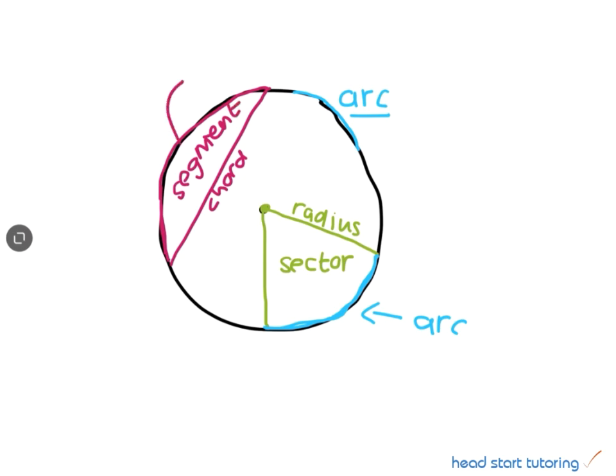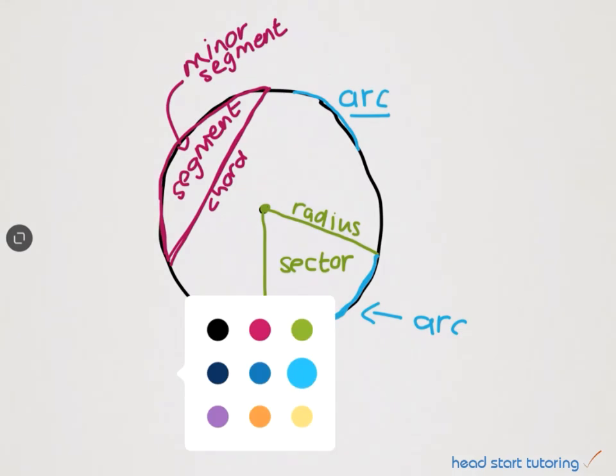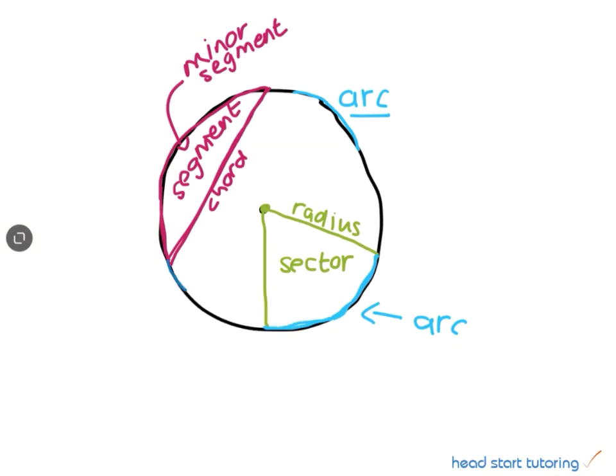So this segment, we could call it the minor segment. And the reason for that is because this chord, there is also, let's use a different color, an arc, a much bigger arc, which we will call the major arc over here.